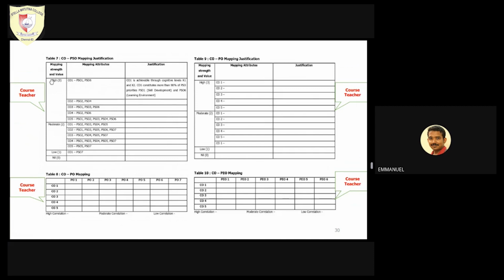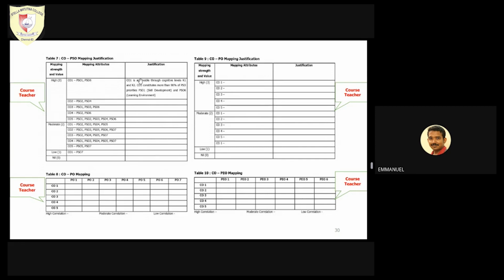Now, collecting all the high correlation levels, you pick out which PSOs have been mapped with high correlation with CO1, put them here, and explain why you have given high correlation for CO1 with PSO1 and PSO6.